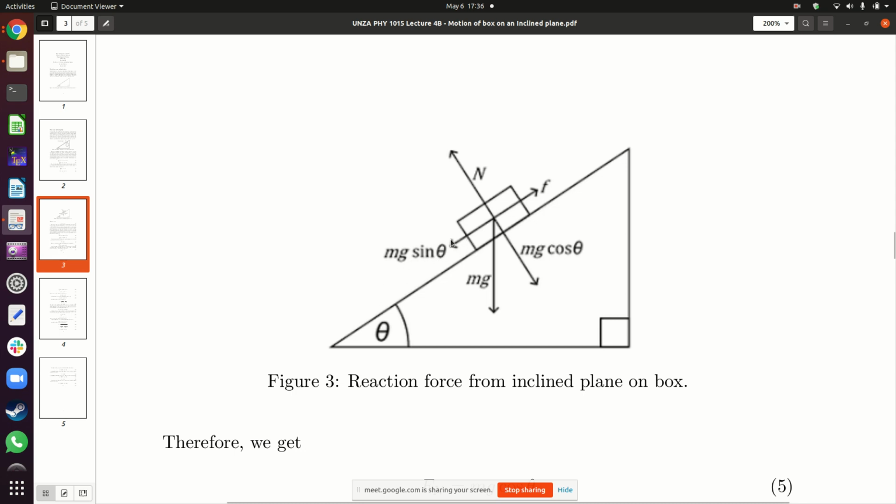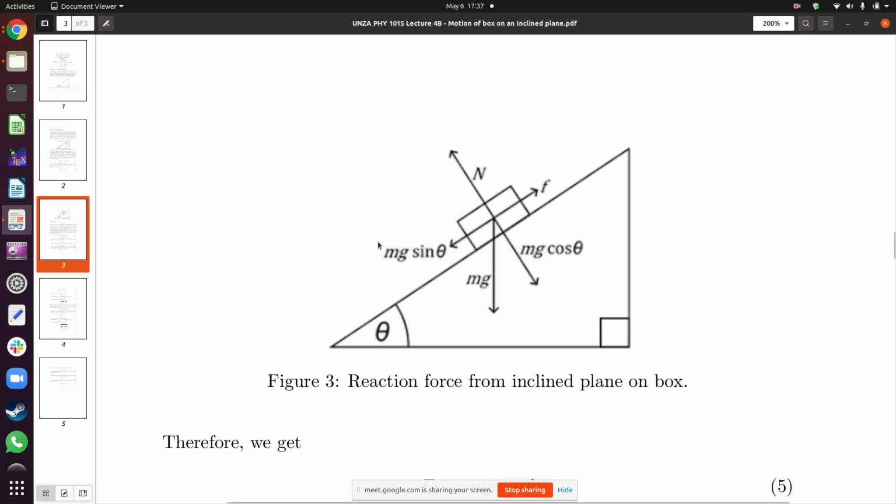It's because there is a part of the weight, mg sin theta, which is greater than the friction, pulling the box down. If you put a box on an incline, either it remains there, which means that mg sin theta is equal to your friction, or, if mg sin theta is not equal to your friction, the box is going to slide.